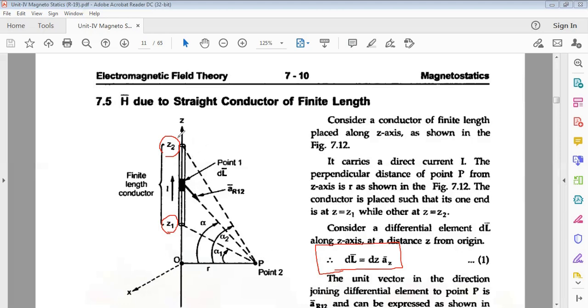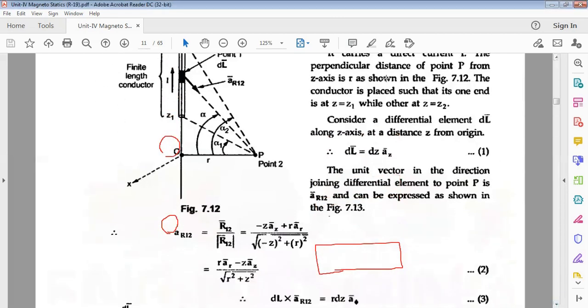From point P to z2, assume an angle alpha 2, from point P to z1 an angle alpha 1, and from point P to the differential length dz az bar an angle alpha. Previously we assumed theta, in a right angle triangle.